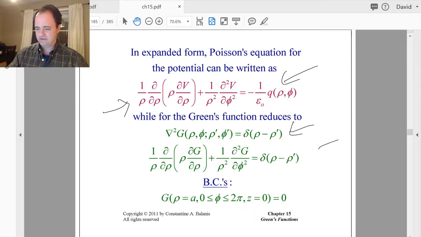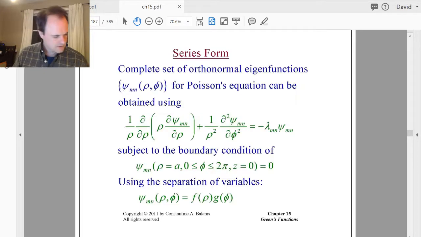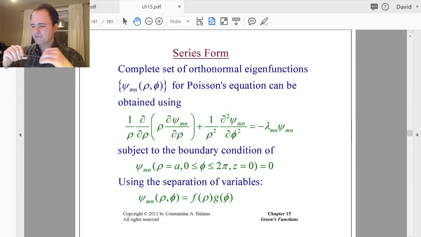For G, the differential equation must be satisfied, and this is the boundary condition. All right, so series form. We need to find a complete set of orthonormal functions. Psi for Poisson's equations can be obtained using this.